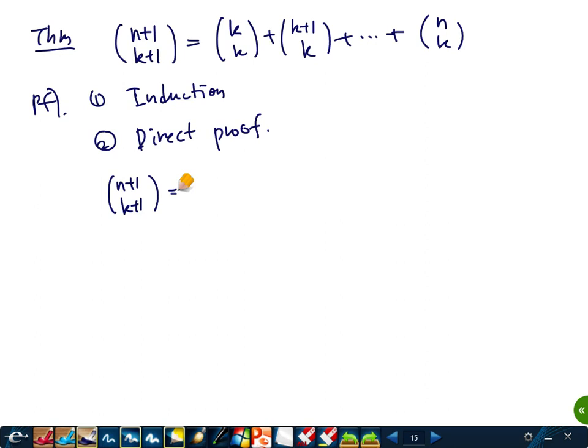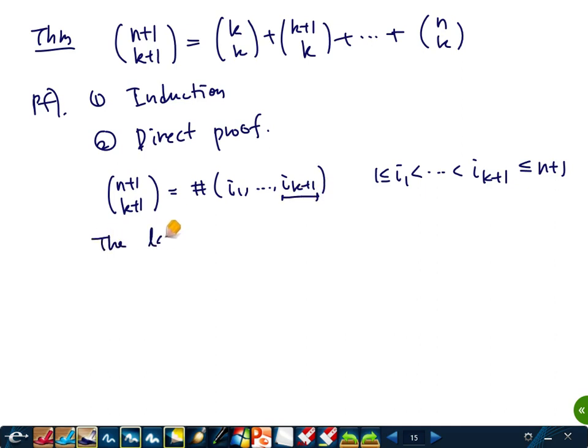Of course, there are several ways of doing this. It is the number of k plus 1 subsets of n plus 1 elements, or the number of k plus 1 tuples i_1 through i_{k+1} with 1 ≤ i_1 < ... < i_{k+1} ≤ n plus 1. You can think of this as a subset; all these things can be listed in an increasing way. And then we will divide this into several classes according to the last element, the largest element.